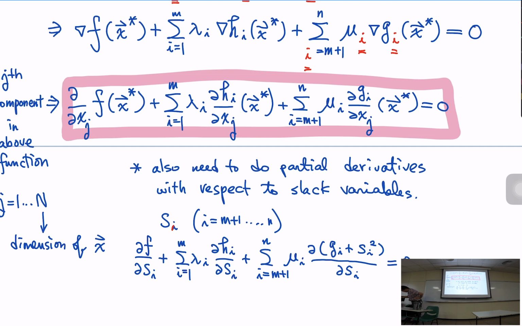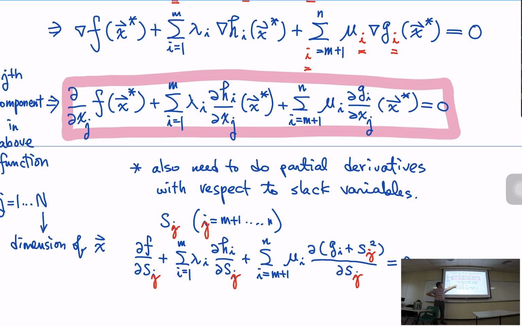We are changing them to j in this particular case, so it won't be confusing. Otherwise your i's, those summations of i's, will be confused with the s i's. The i's here are not the same as your variables index. The i's are the indexes we had earlier for the number of constraints, and for variables we use j.